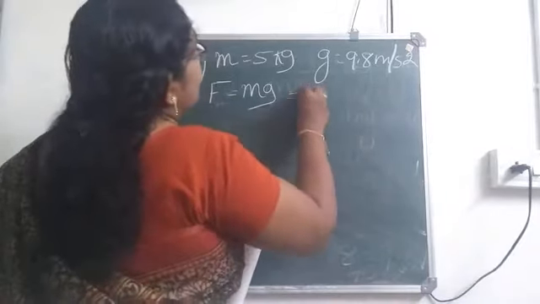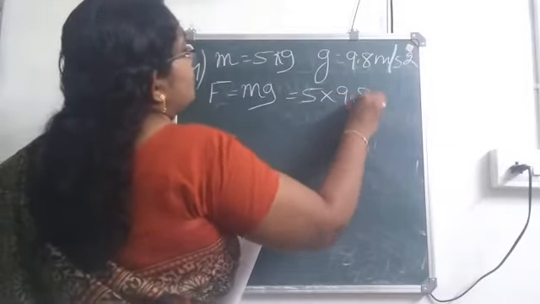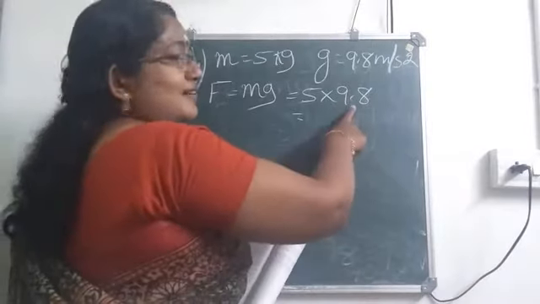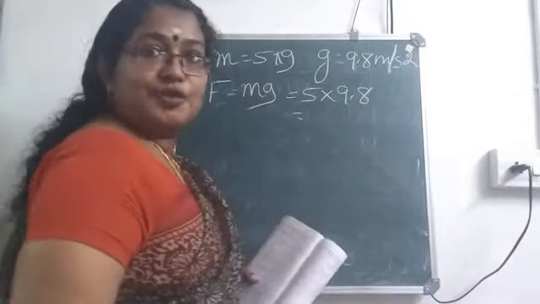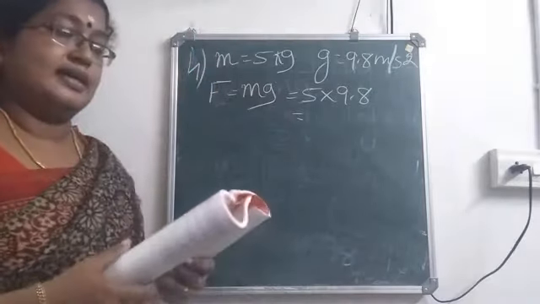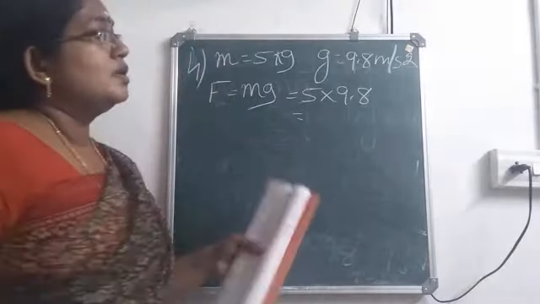So F is equal to 5 into 9.8. If it was 10, you will be getting it as 50. Since it is 9.8, how much will we be getting here?